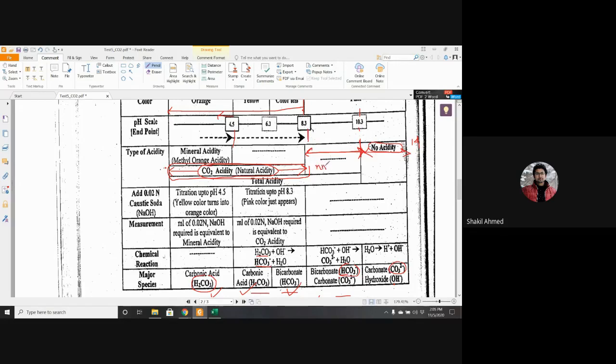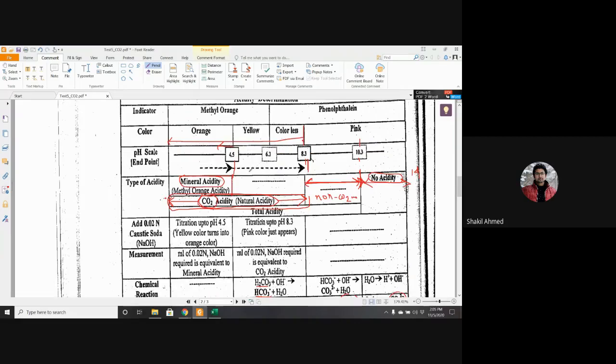You can call it non-CO2 acidity. From 8.3 all the way down, that is carbon dioxide acidity. Then starting from 4.5 and below, that is called mineral acidity.